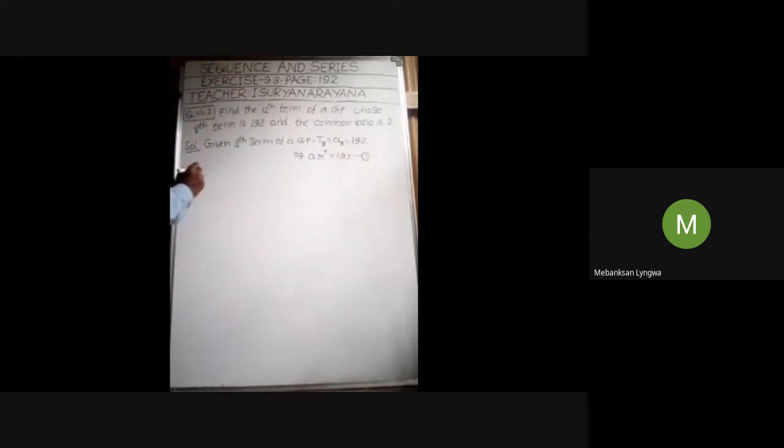Given common ratio of the geometric progression, that is r is equal to 2. In the question itself, it is given. The common ratio of geometric progression is 2. Now let us substitute r is equal to 2 in the equation 1.